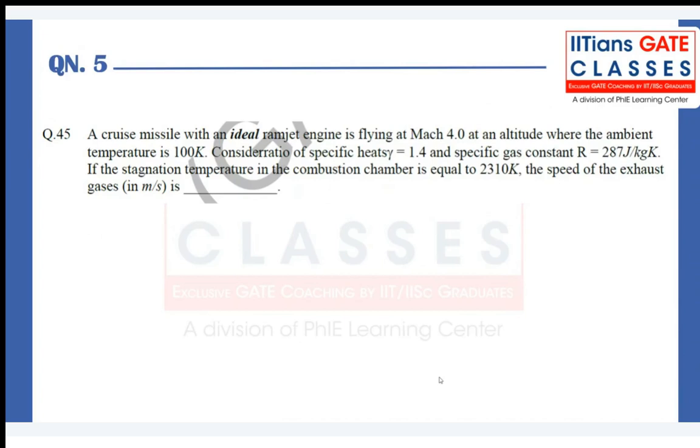Okay, so coming back to this question, it's a repeated question, kind of. So let us try to draw the control volume. I have a ramjet engine. I have a converging diverging nozzle, right?